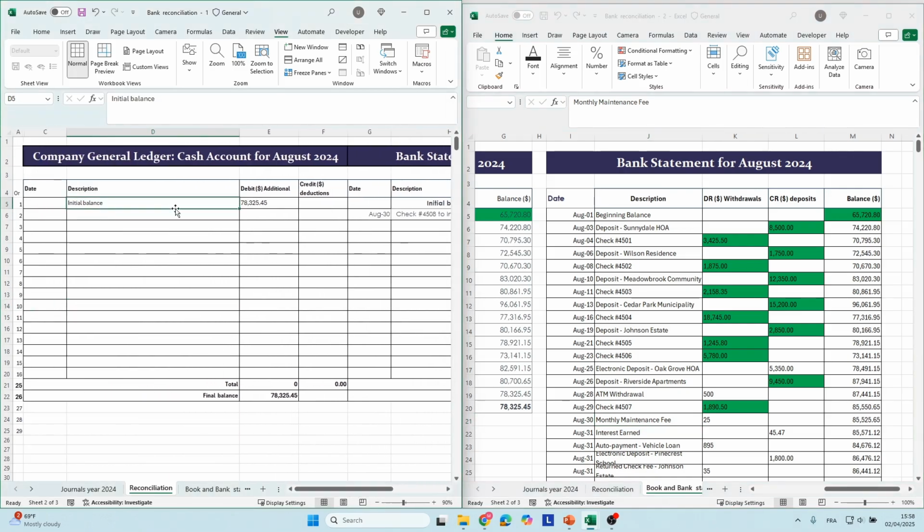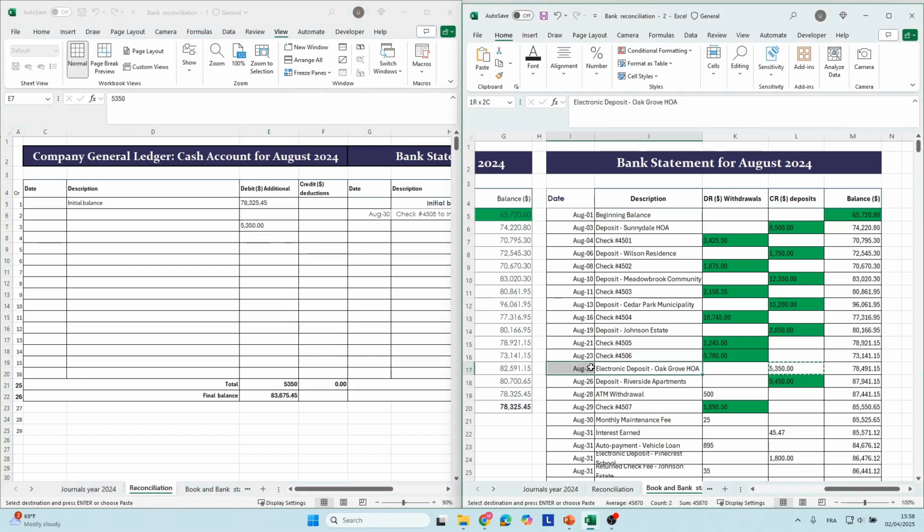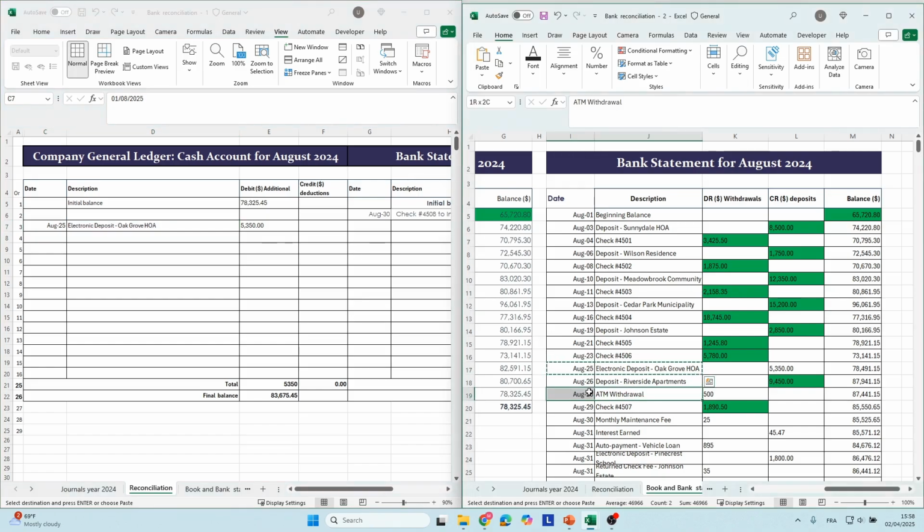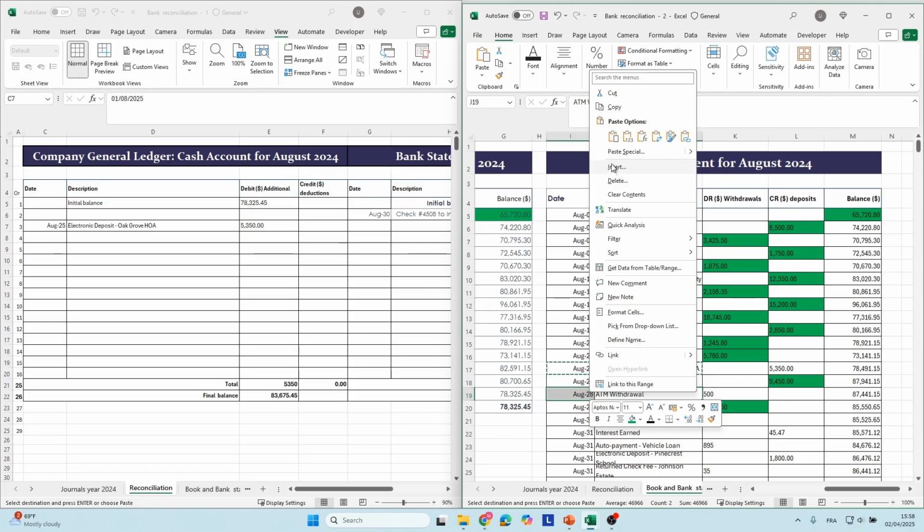So we said we need to add all these transactions. The first one is 5,000. I will put it on the debit side because it will increase our balance. We'll bring the amount, date, and the description as well. And we have another transaction for ATM.